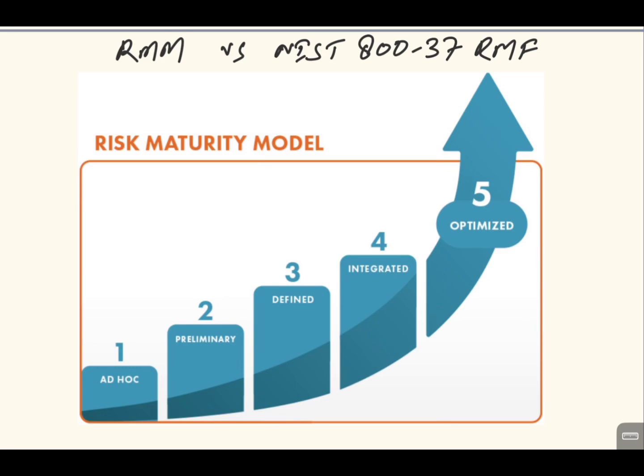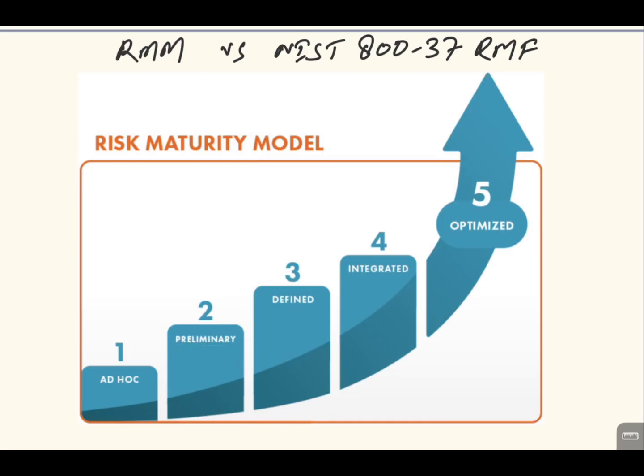Let me try to tell you the difference. The risk maturity model helps an organization assess its overall risk management maturity level and improves its risk management framework over time.